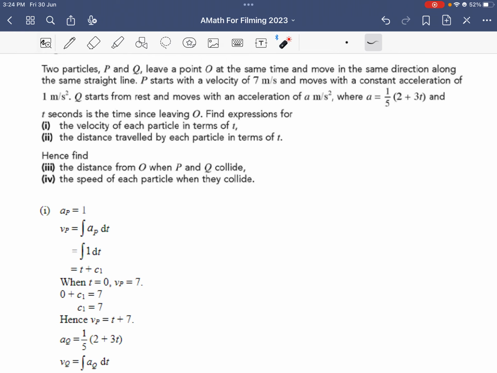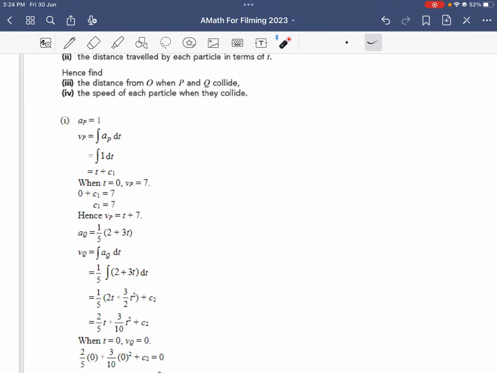Now for Q itself, they give you this equation here, and it says that it starts from rest. That means when t is 0, the velocity is equal to 0.